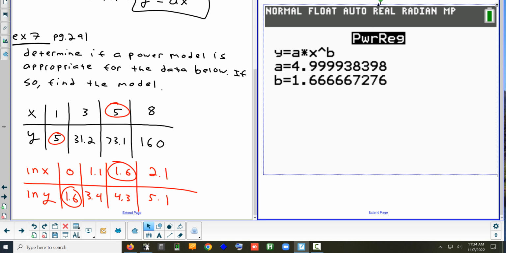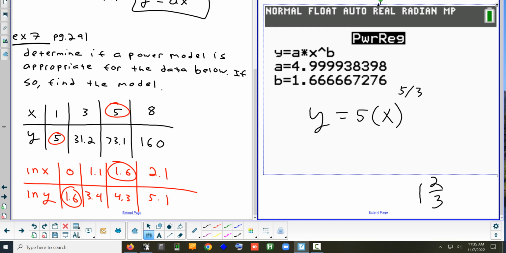And that's what it gives us. We should round these answers appropriately. So what do you think A should be rounded to? 5. 5 times x. And what do you think my exponent should be? How about we do it as a fraction? Yeah. 1 2/3, which would be as an improper fraction? 5/3.